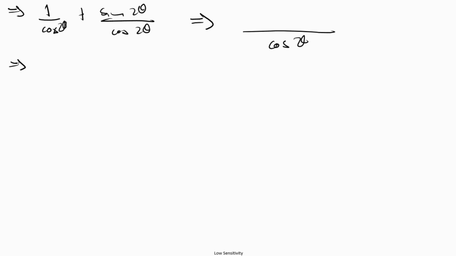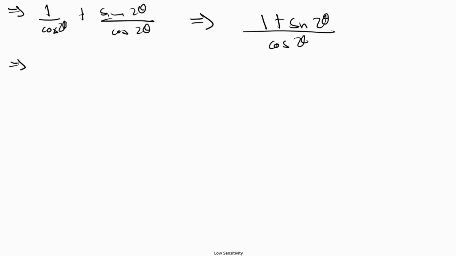So this becomes 1 plus sin 2θ. But there's something that we know about 1. We want to express 1, sin 2θ and cos 2θ.